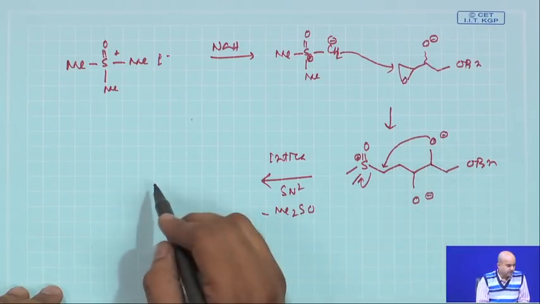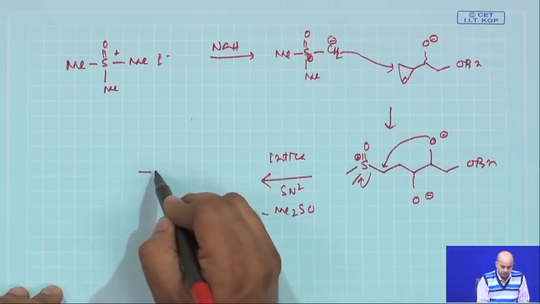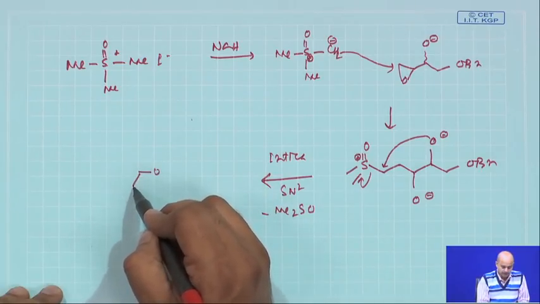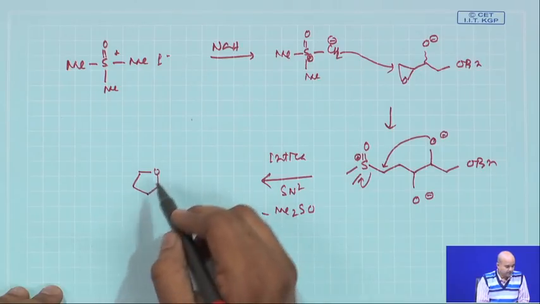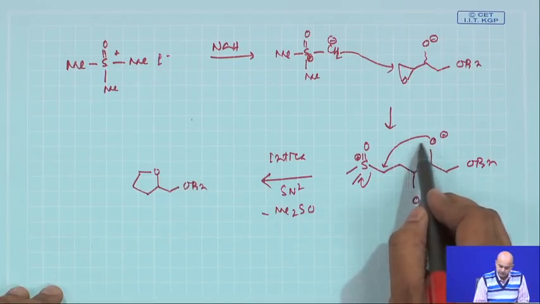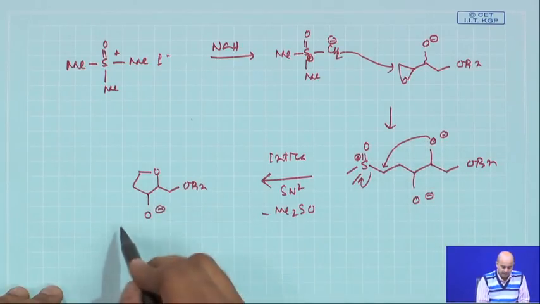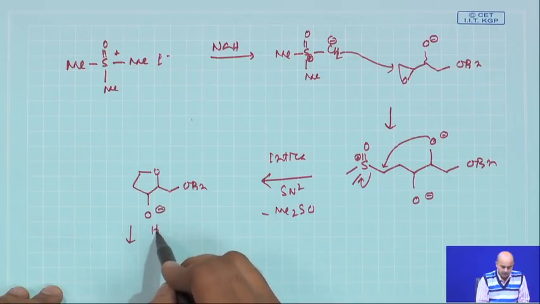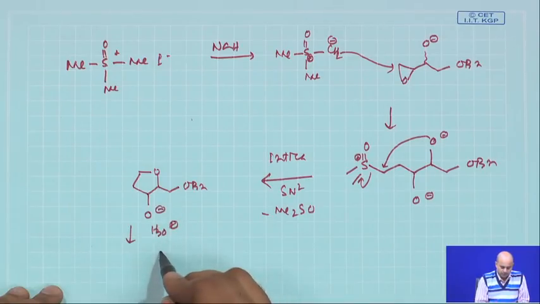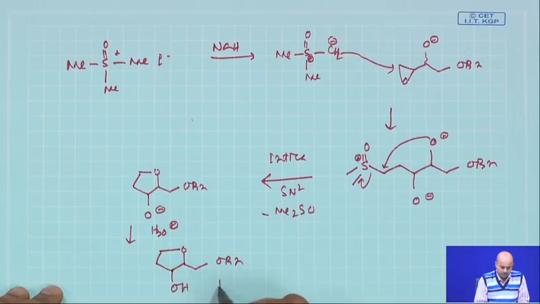Then basically you will get the 5 member compound which we were discussing initially. Your OBn will remain here because you are making this carbon bond, and your O minus is remaining here. You simply do an acidic workup and will end up with the target molecule.